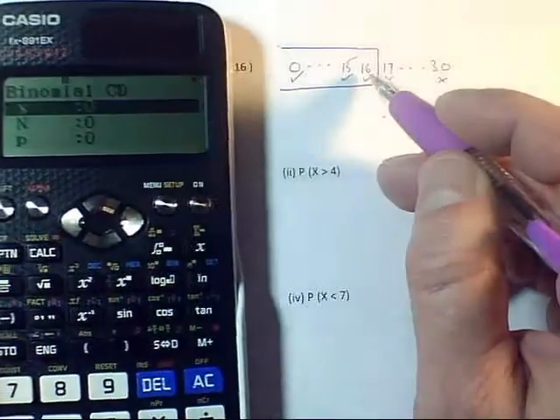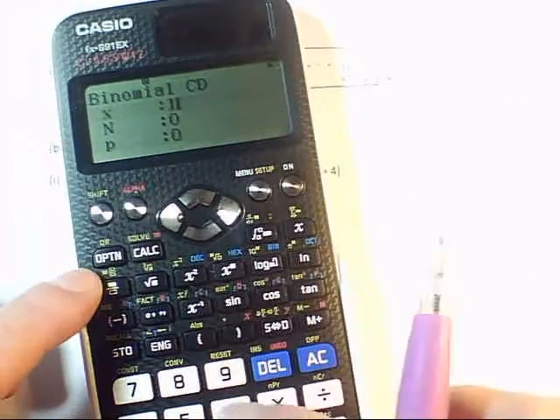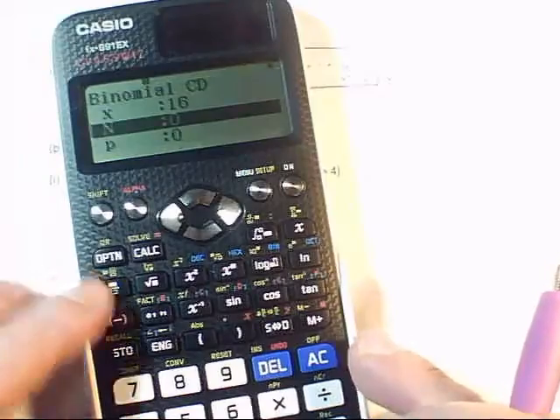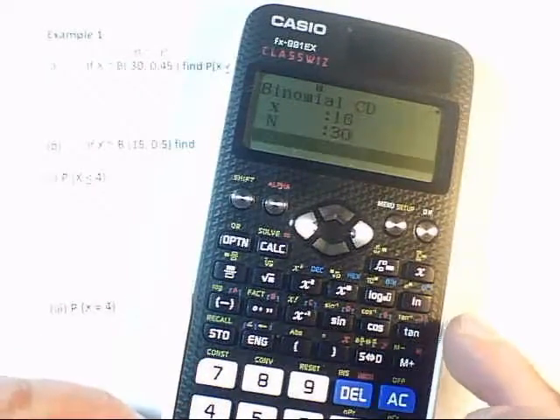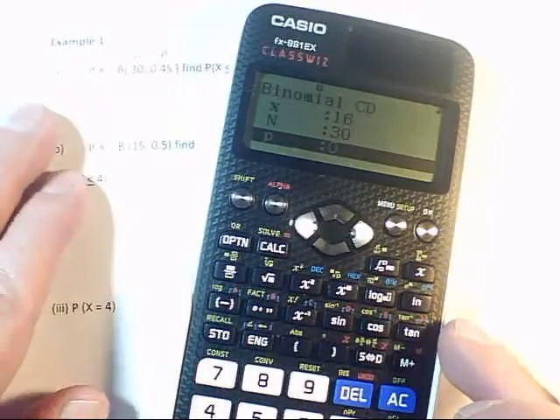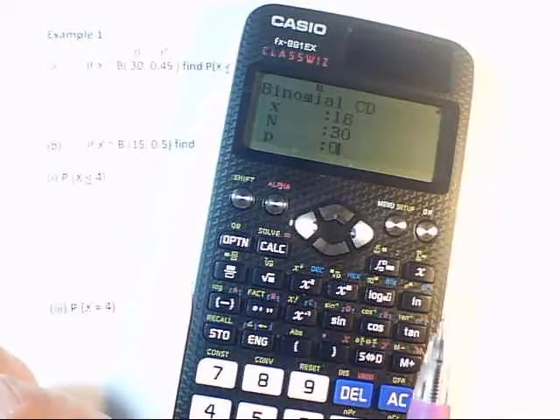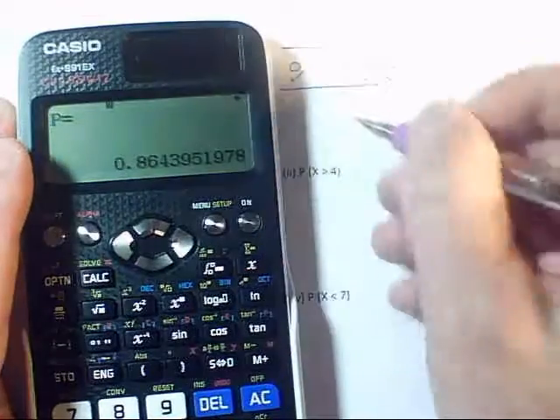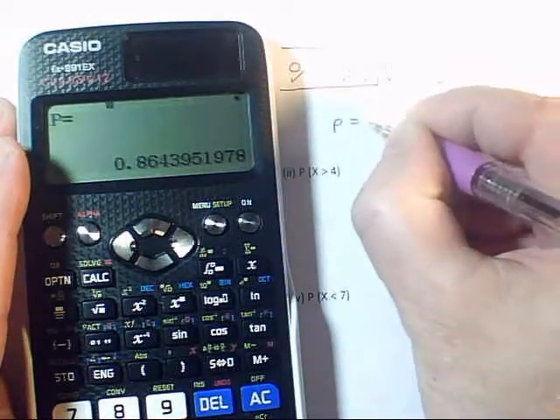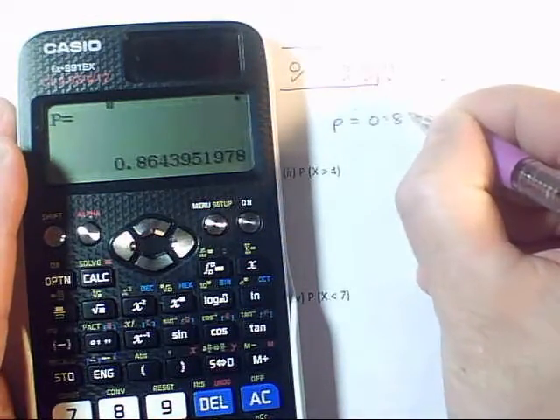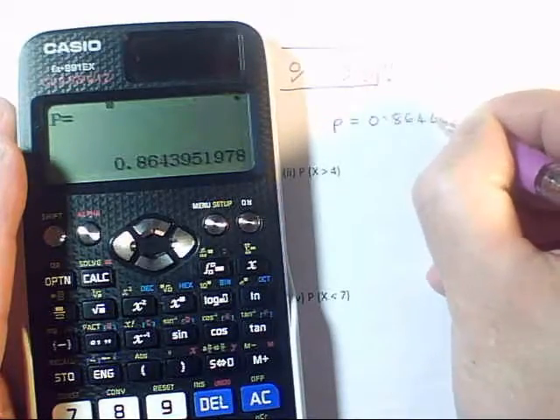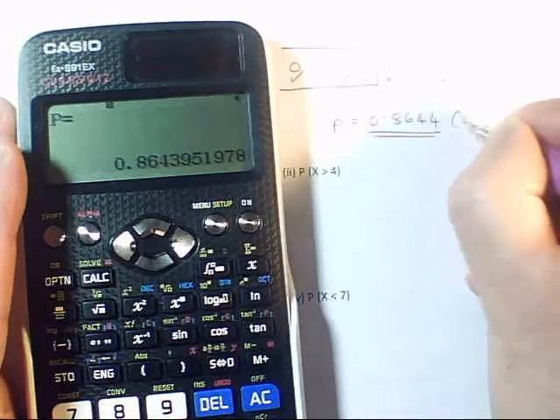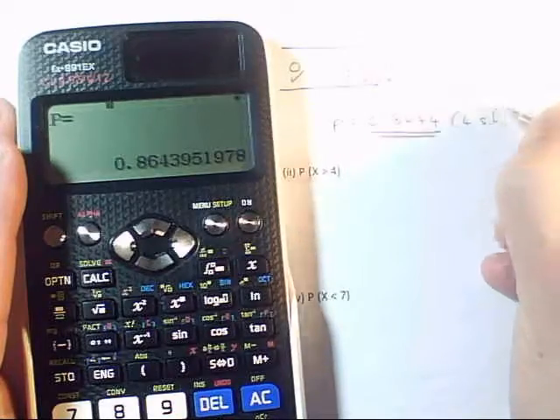I decided I wanted to go up to 16, so I put in 16, and my n is 30, and my p is, what did we say p was, 0.45, and I press equals, and the probability is 0.8644. Here's my answer. Give it to 4 significant figures and I should be fine.